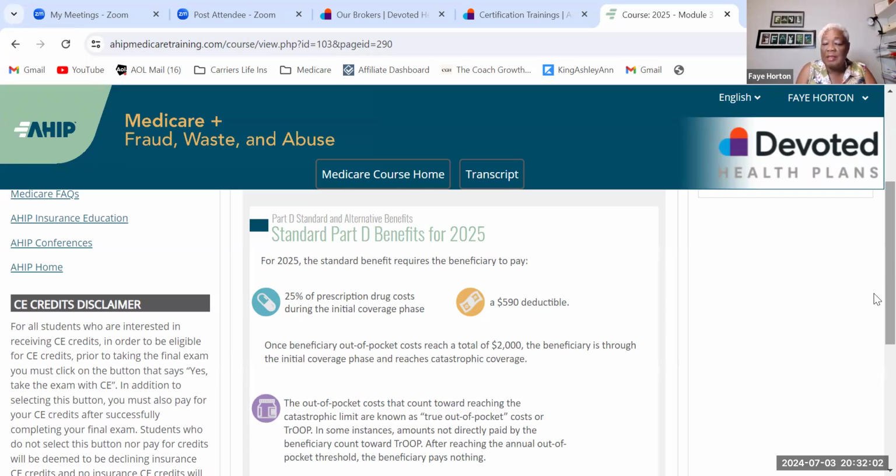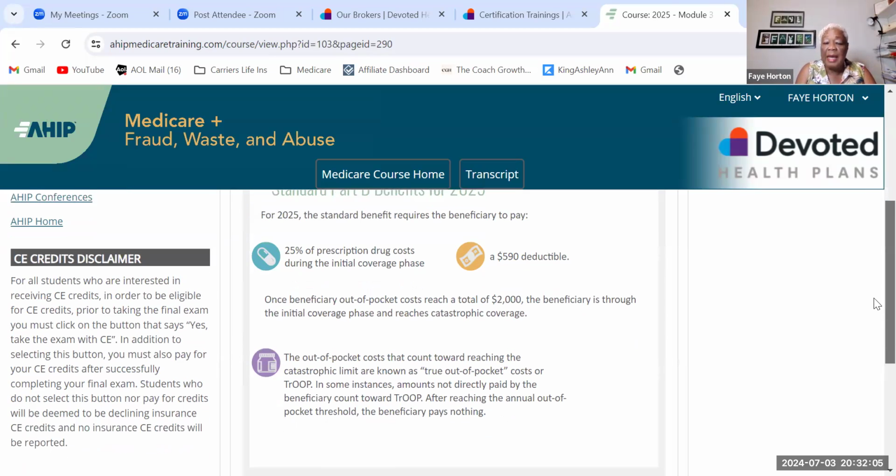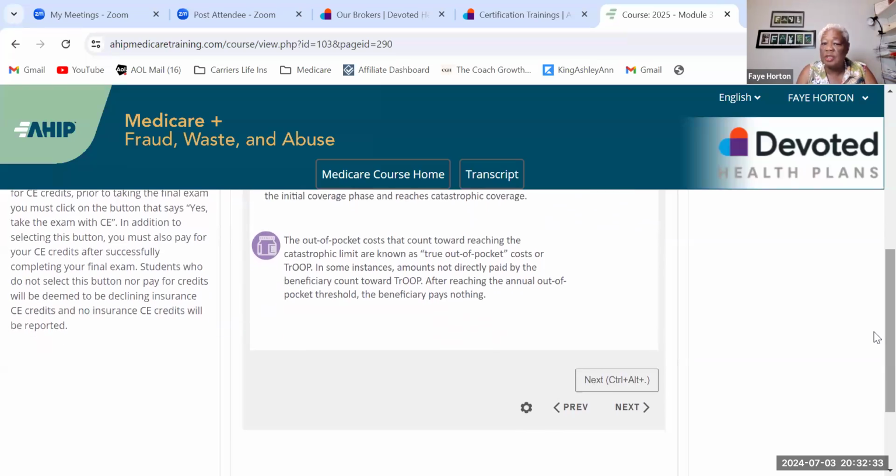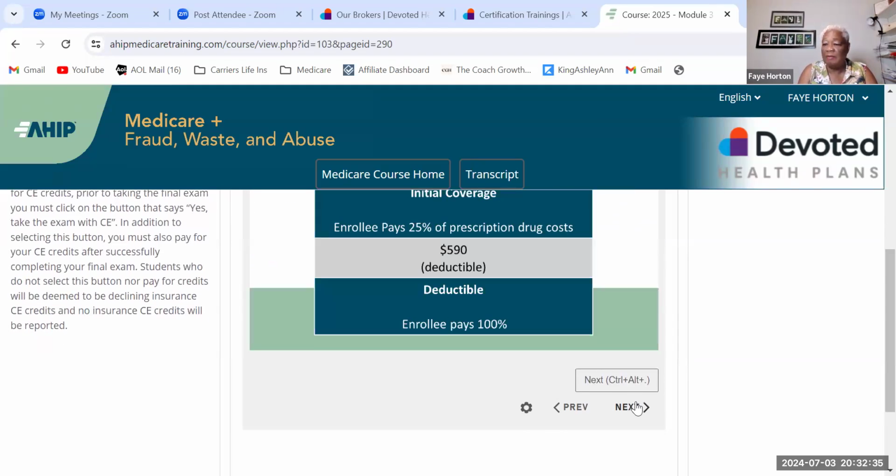The out-of-pocket costs that count towards reaching catastrophic limit are known as true out-of-pocket cost or TrOOP. In some instances, amounts not directly paid by the beneficiary also count towards the true out-of-pocket cost. After reaching the annual out-of-pocket threshold, the beneficiary pays nothing. So be sure that you study what the changes are for 2025.